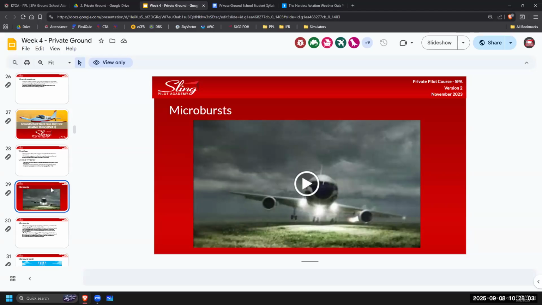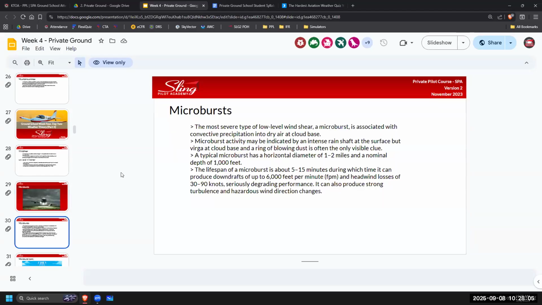Here's the actual definitions for you to write down. Microbursts are the most severe type of low-level wind shear that you can encounter. It's a column of descending air that can produce downdrafts up to 6,000 feet per minute, which is a lot.